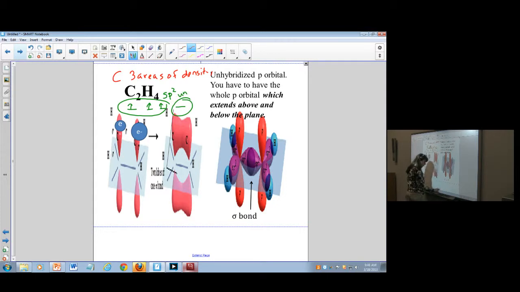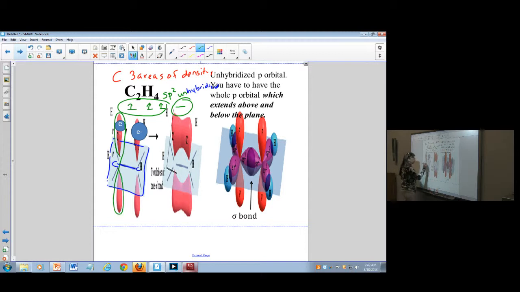Let's put all this back where it belongs. Unhybridized. That's where we're going to get the multiple bond. All right, so in this case, this plane that they're showing you right here, that's your C2H4, with one single bond here between the 2 carbons. All right, and then the unhybridized p orbitals.